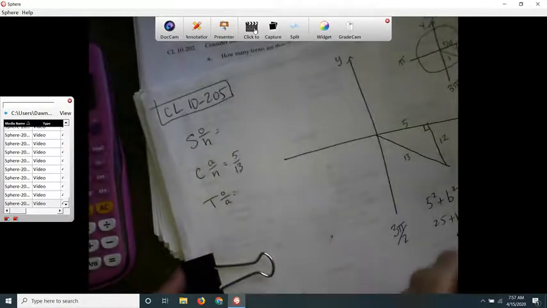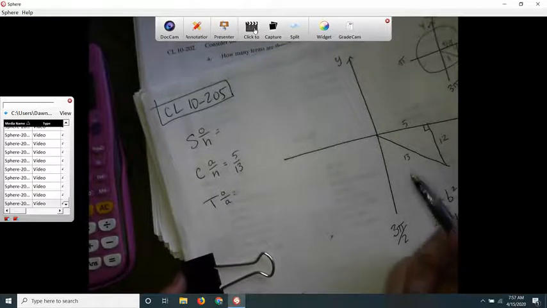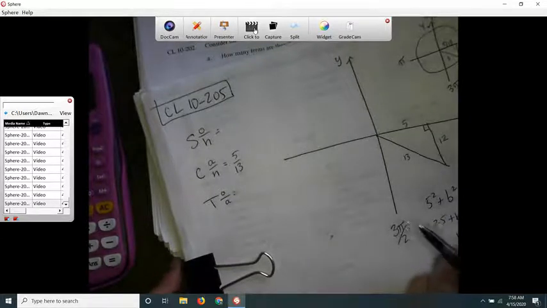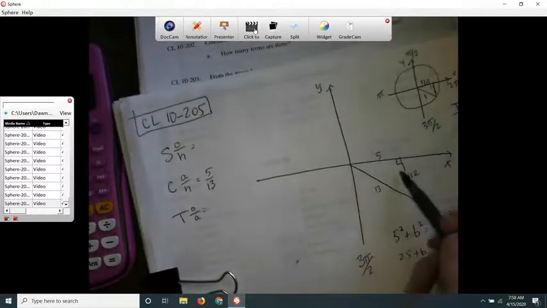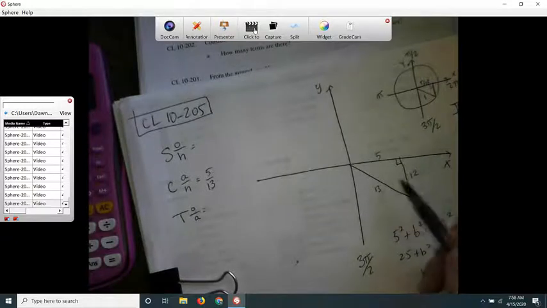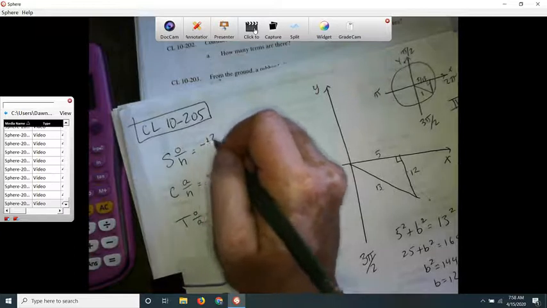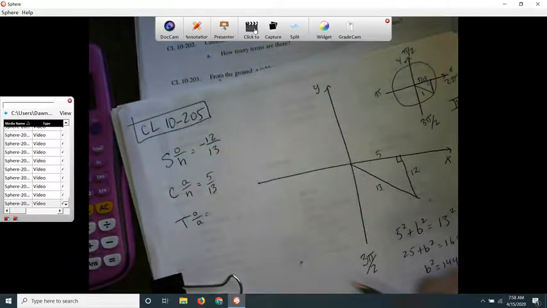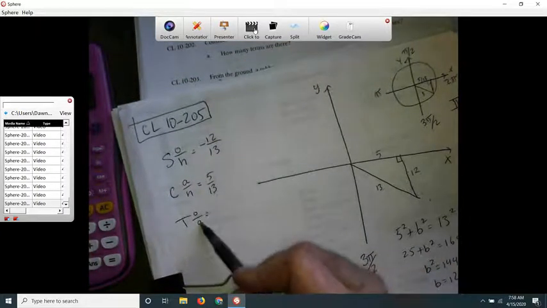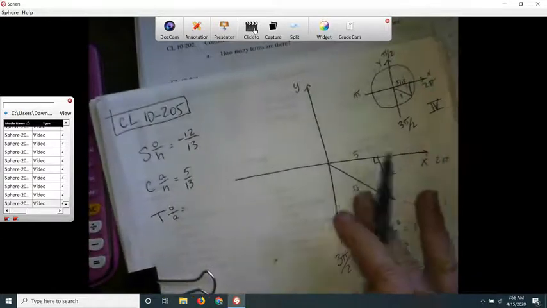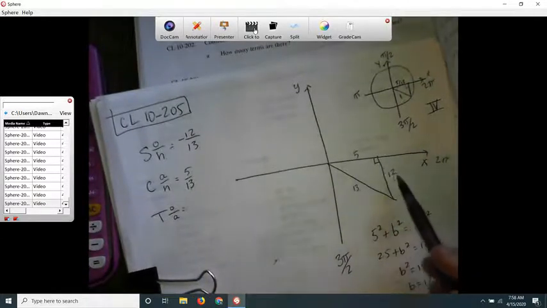So I know that sine is opposite over hypotenuse. So sine is going to be 12 over 13, but this is like a negative 12. So it's going to be negative 12 over 13. And then tangent is just opposite over adjacent. So I guess that's negative 12 over 5.